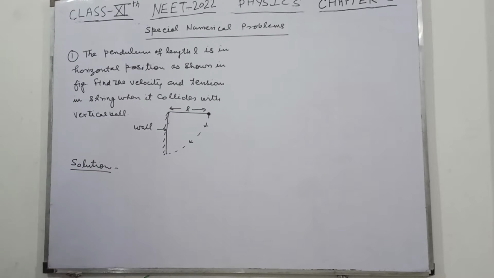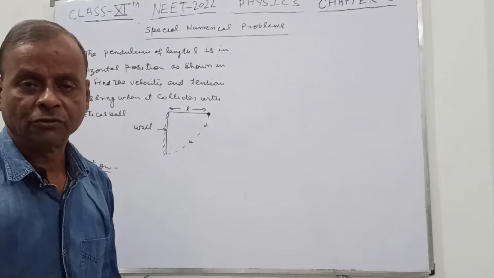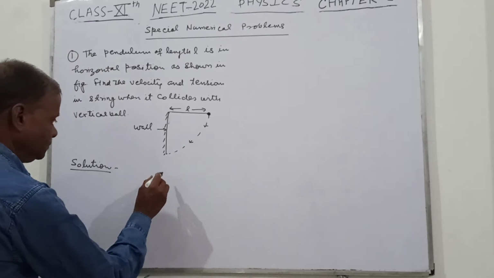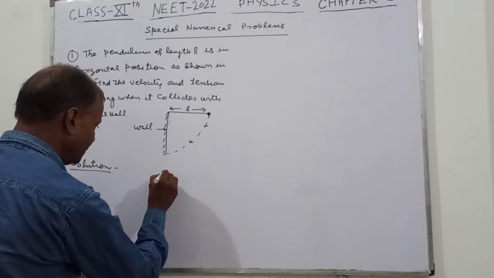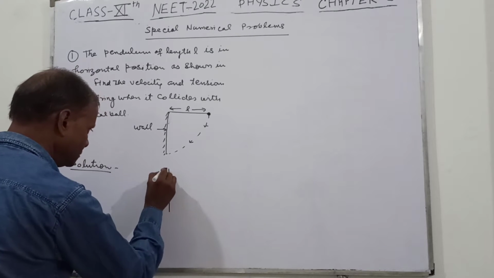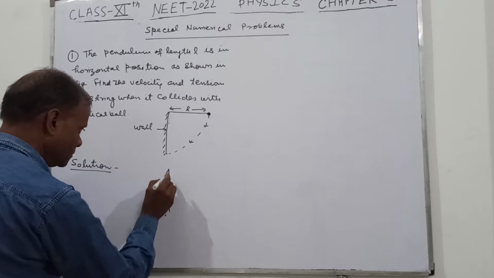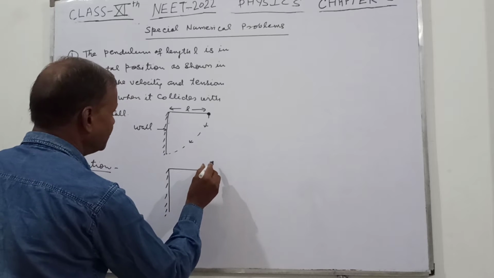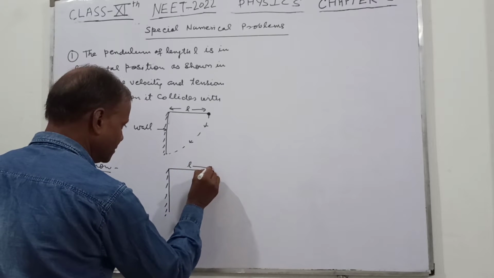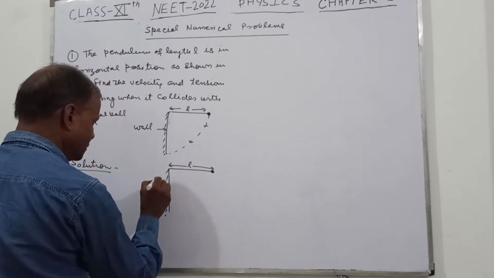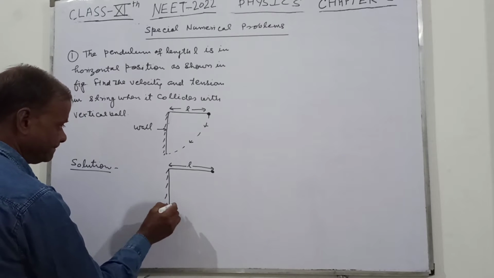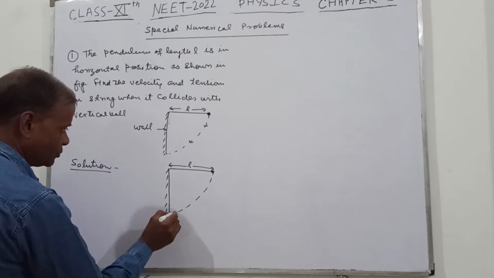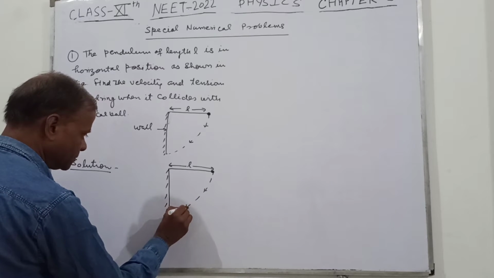Now let us have a general formula for finding the tension and the velocity. This is the ball, this is of length L. This is a vertical wall and it falls, so it moves in a circular path.